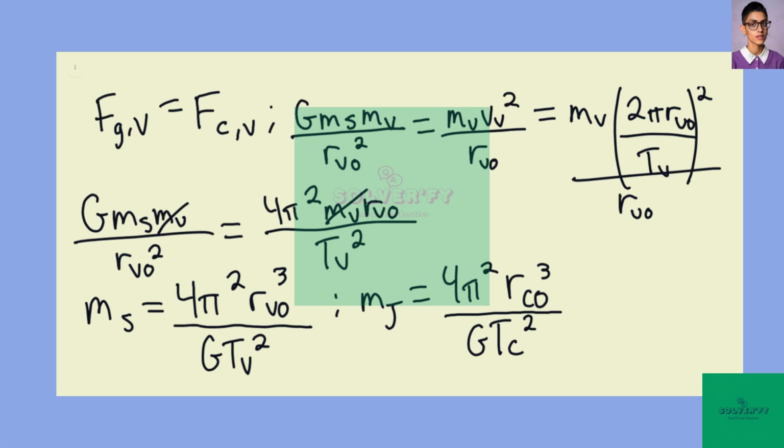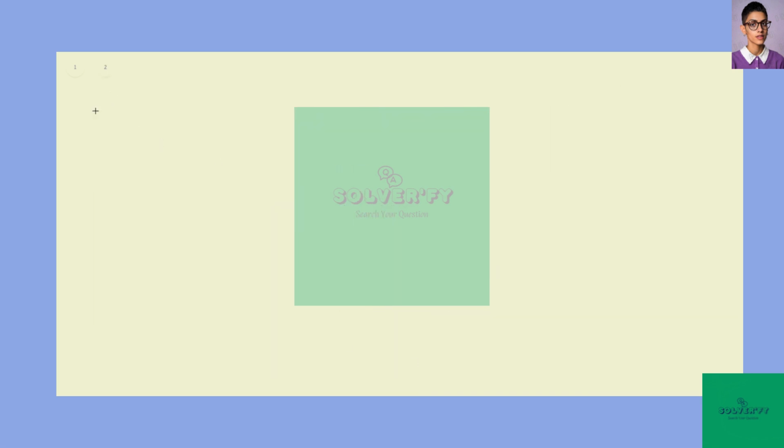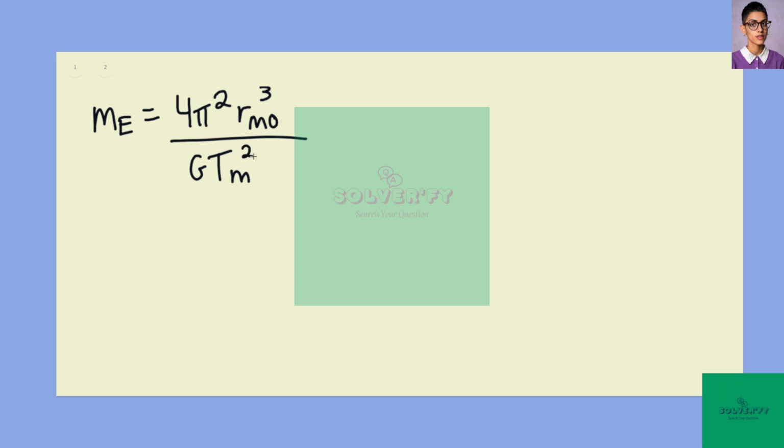And lastly, we can find out the mass of the Earth by using the Moon. So we can say 4 pi squared times the radius of the Moon's orbit cubed divided by the gravitational constant times the period of the Moon squared.